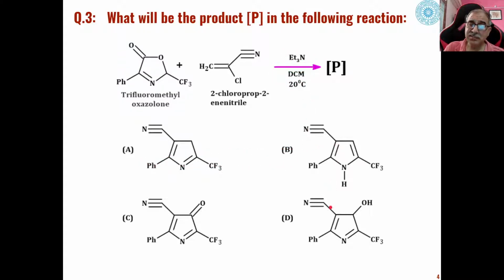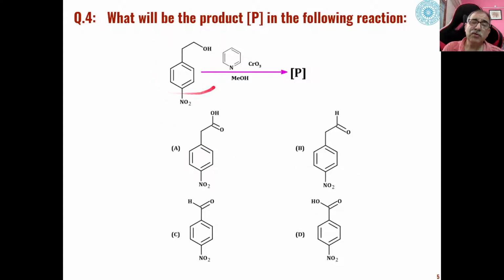It will give us any of these four products, either A, B, C, or D. So basically, we can have these types of reactions, which come from base catalyzed Michael addition reactions, which will take place to give us any of these four products.